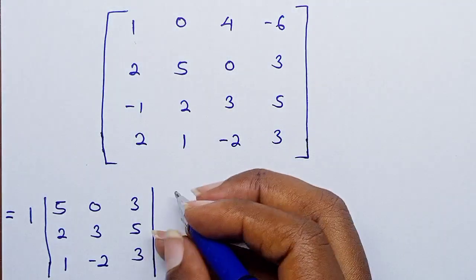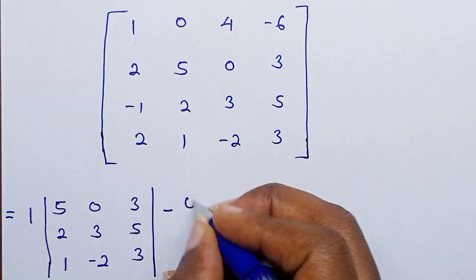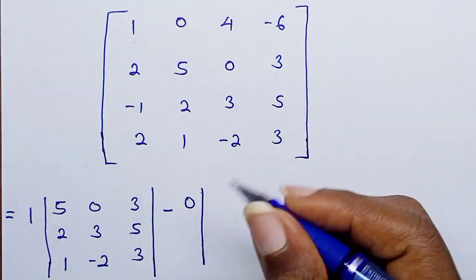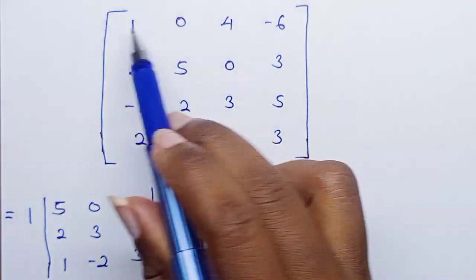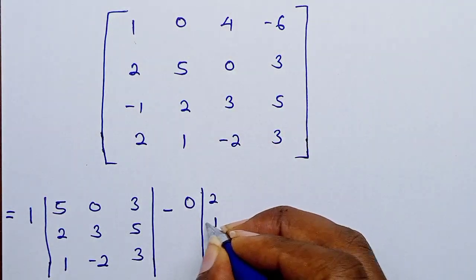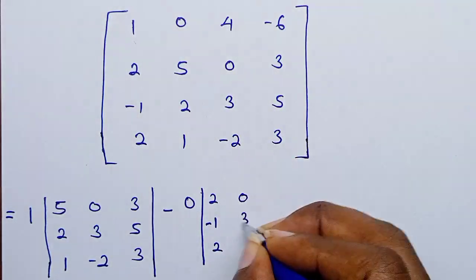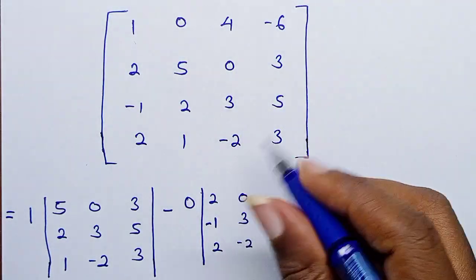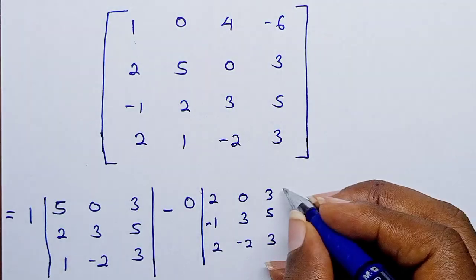Then minus, the next one is 0. 0 times its minor: when you cancel the column and row for 0, you are left with 2, -1, 2, then 0, 3, -2, then 3, 5, 3.